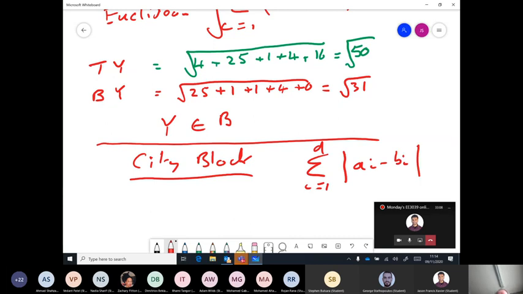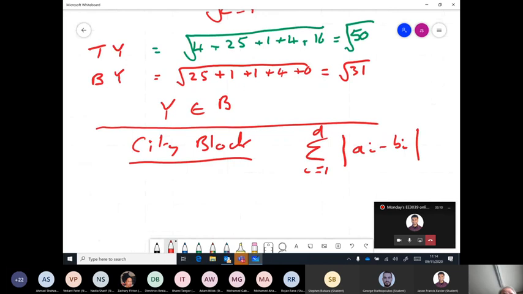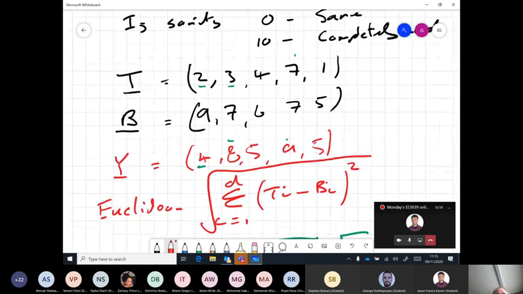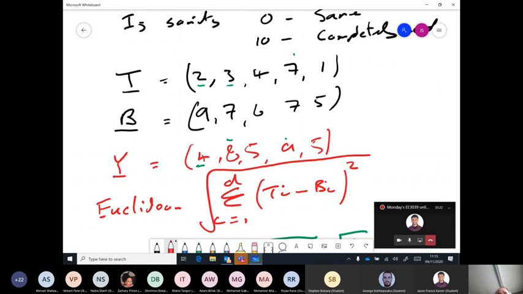And if we do that, DTY for the city block is going to be equal to, going back to the reference patterns, the mod of 2 minus 4 is 2. The mod of 3 minus 8 is 5. The mod of 4 minus 5 is 1. The mod of 7 minus 9 is 2. And the mod of 5 minus 1 is 4.